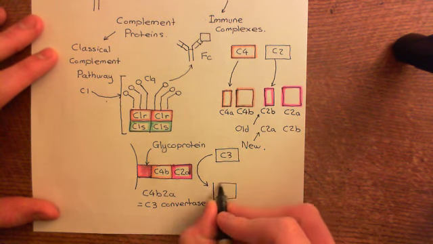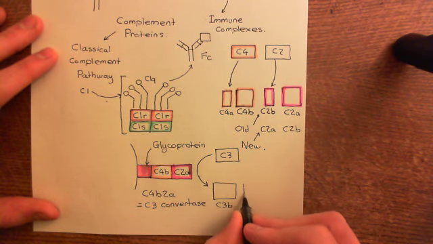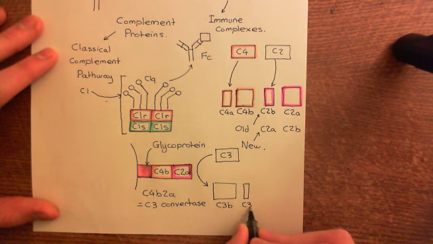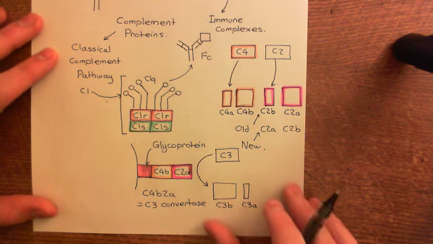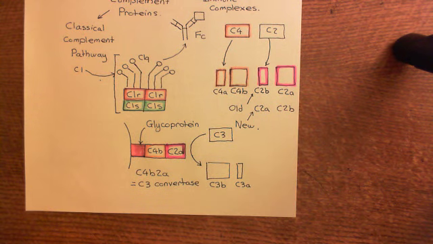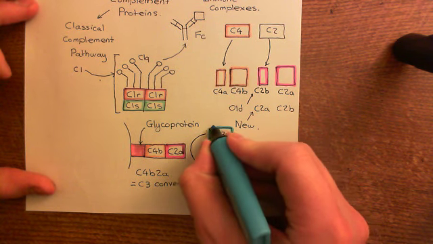So a big fragment again, which is called C3b, and then a small fragment, which is known as C3a. Okay? Now, C3a is going to be very, very important. So we'll discuss that in a moment, however, because it's going to do something almost identical to another protein called C5a. So we'll come back to the C3a in a moment.